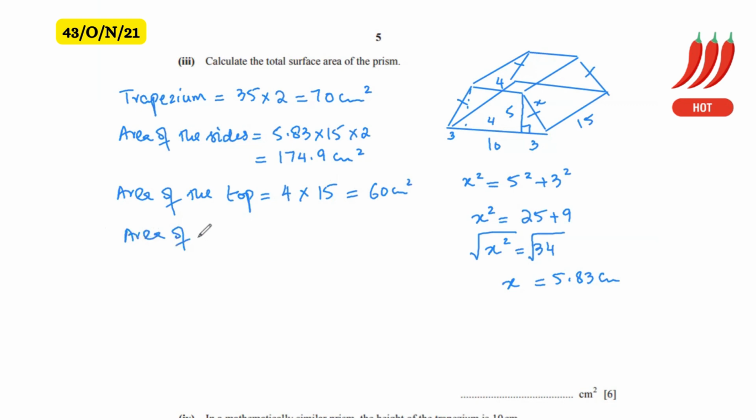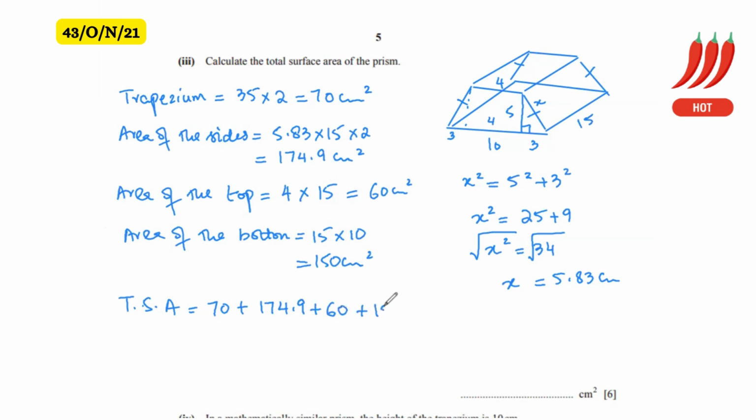Area of the bottom would be 15 times 10, which is 150 centimeters squared. So total surface area is going to be the sum of all of these. 70 plus 174.9 plus 60 plus 150, which gives us 454.9 centimeters squared. That is your total surface area of the prism.